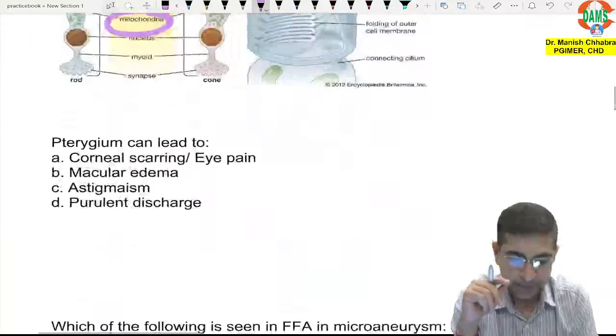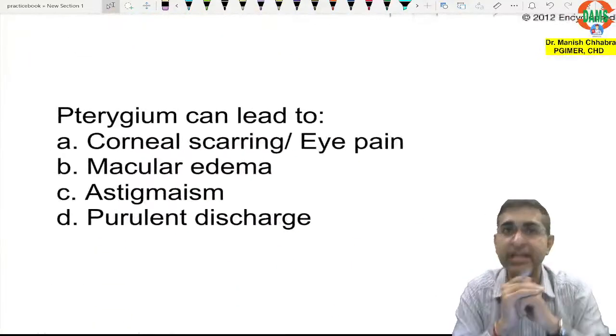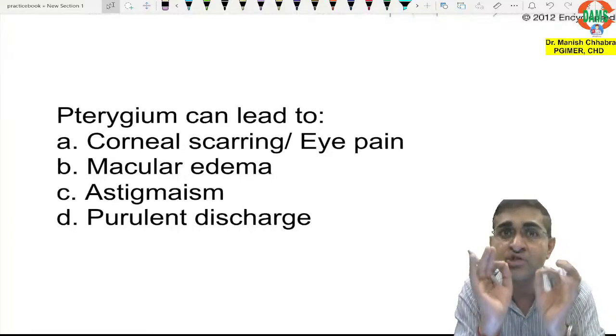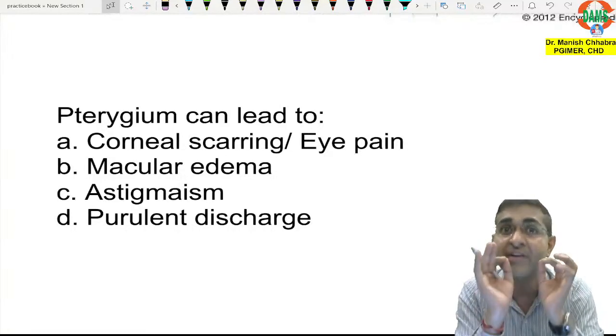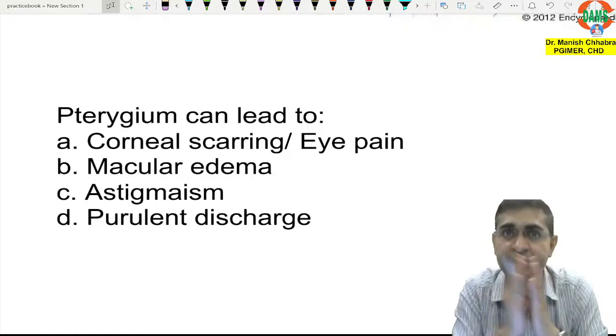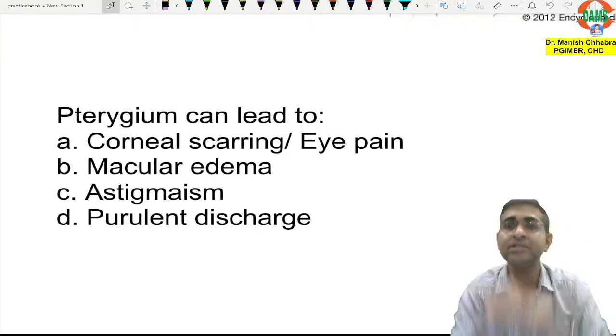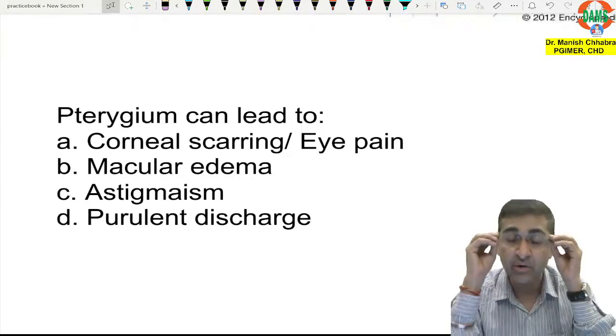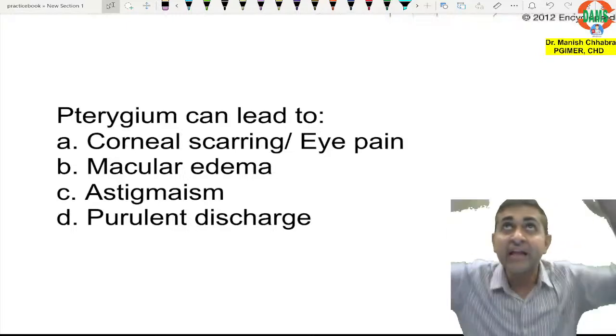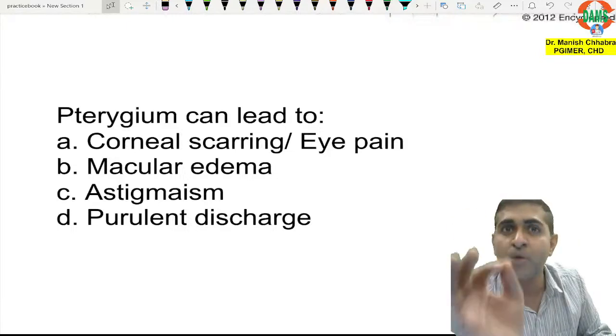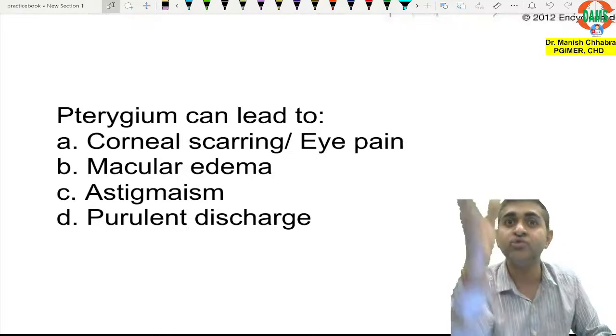Okay. Pterygium can lead to, what is pterygium? Pterygium is an elastotic degenerative condition of the conjunctiva. Most common site of pterygium is nasal. Why? Because the most common etiological factor is UV rays.